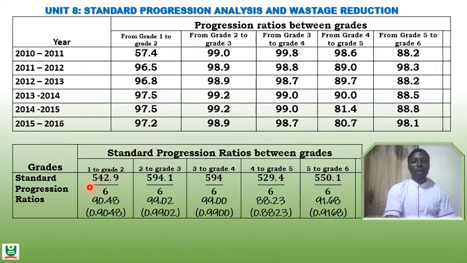We're going to have 542.9. Then divide the sum by 6, and we are going to have 90.48%, or 0.9048 in decimal.